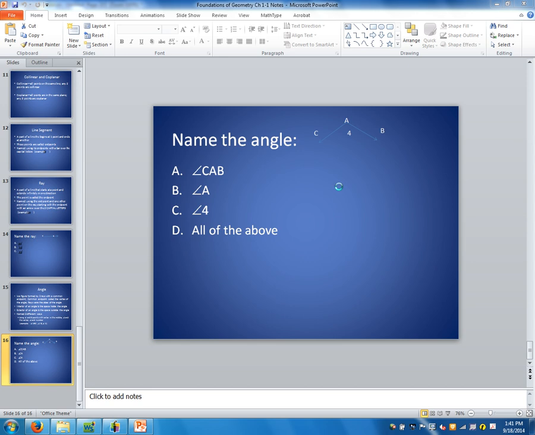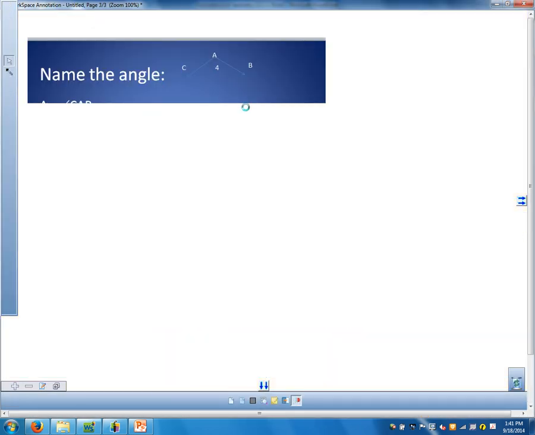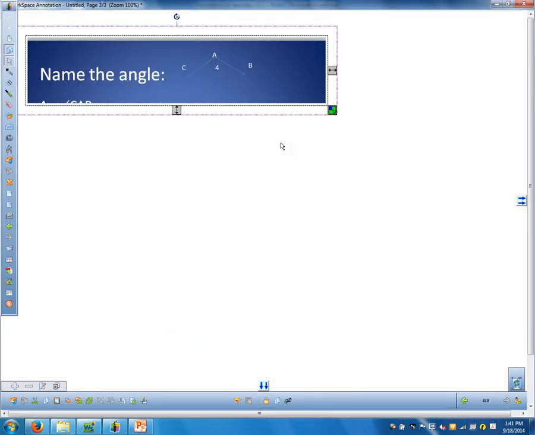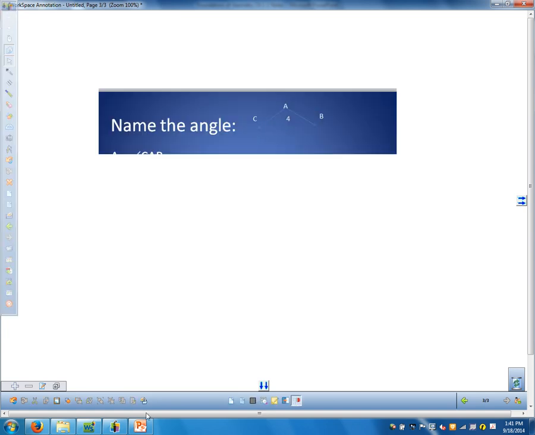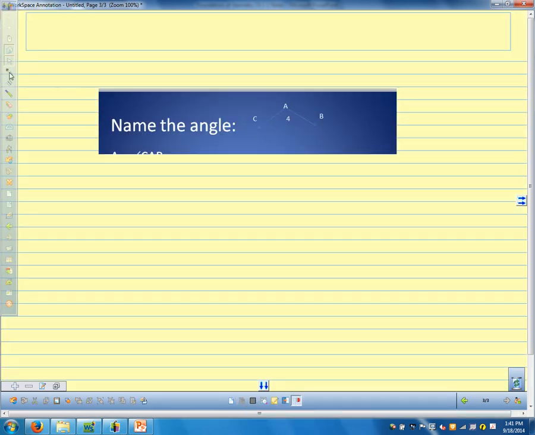And I'll draw on there so we can see it a little better. Let's see. That's A, and this is B, and this is a 4. All right, so let's name this angle.